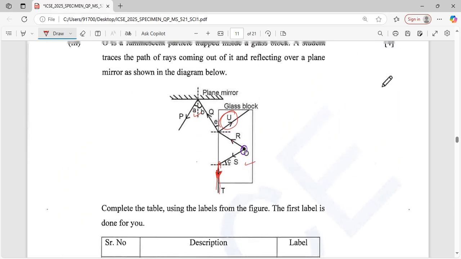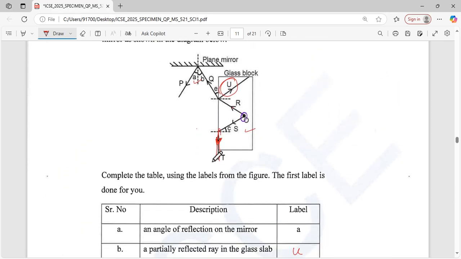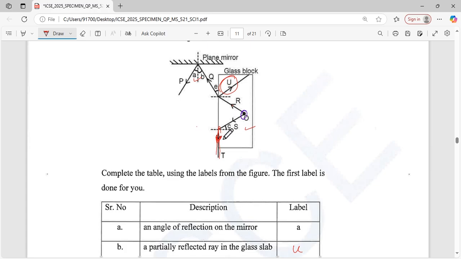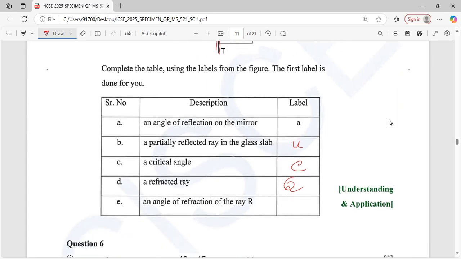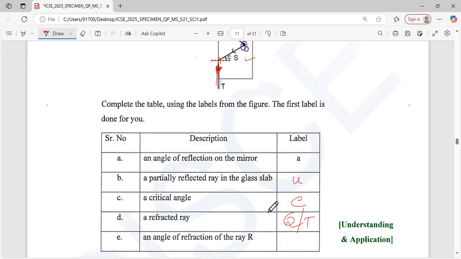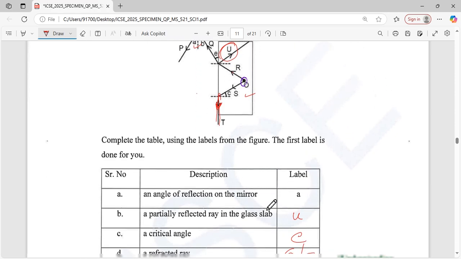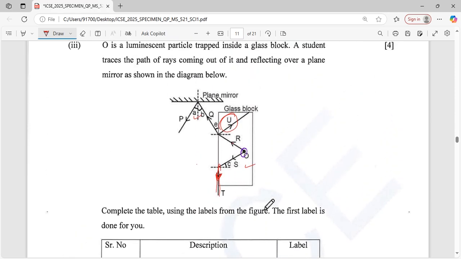T is also called a refracted ray. And the angle of refraction of the ray R is Q.